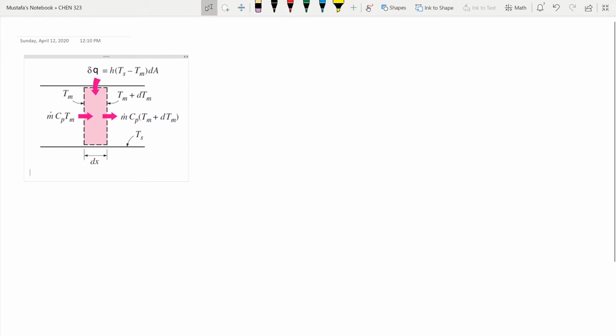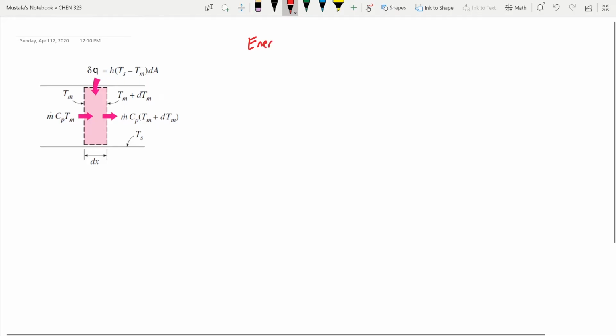We have this control volume shown in pink, and we would like to do an energy balance for this pink control volume.